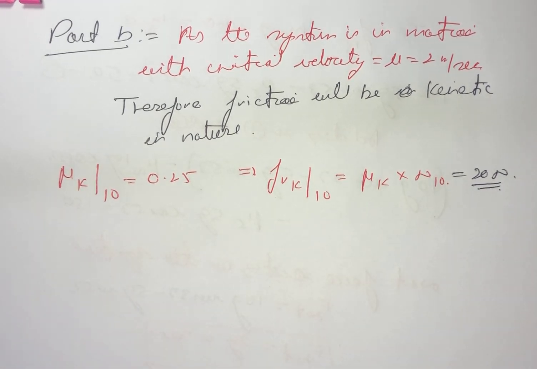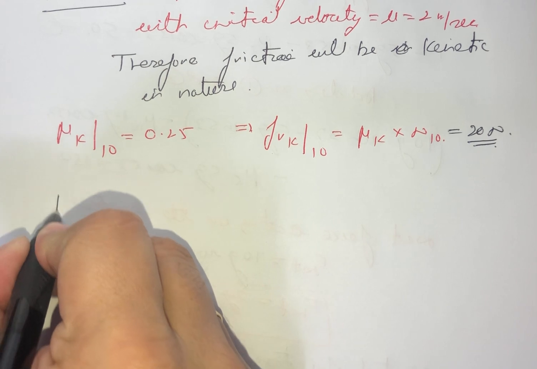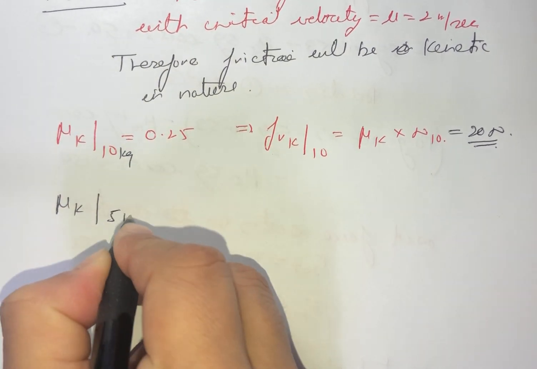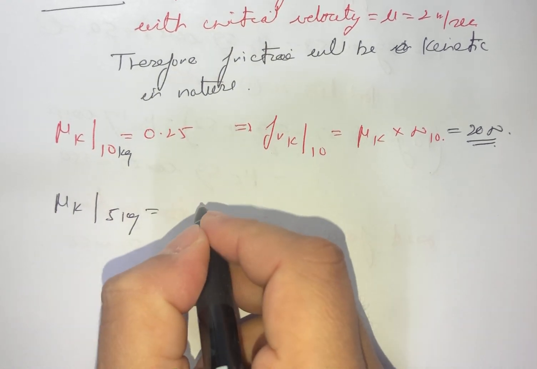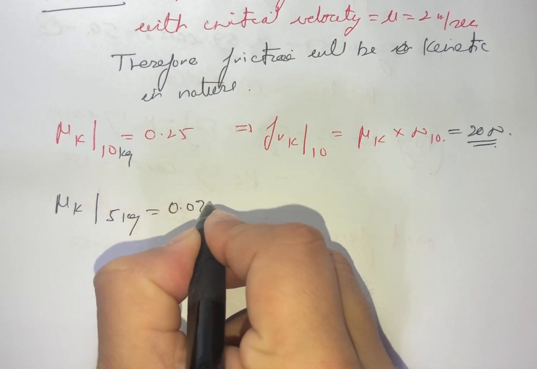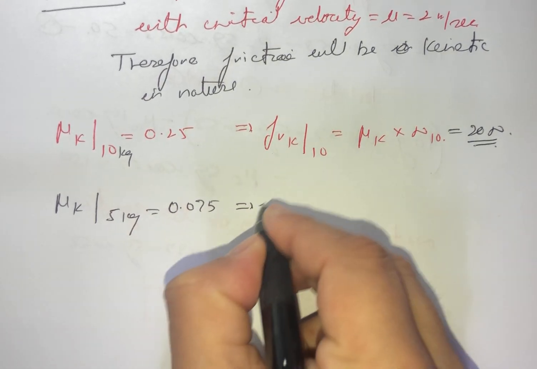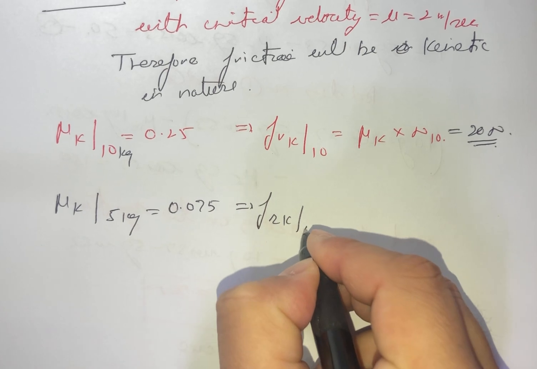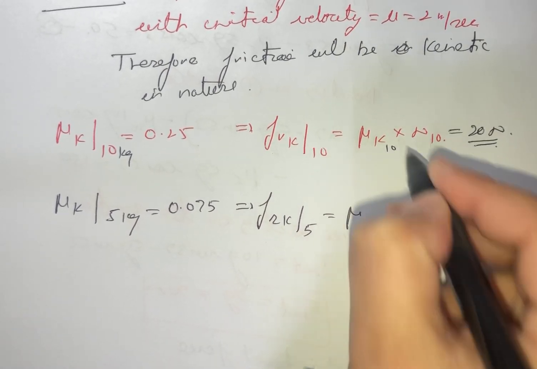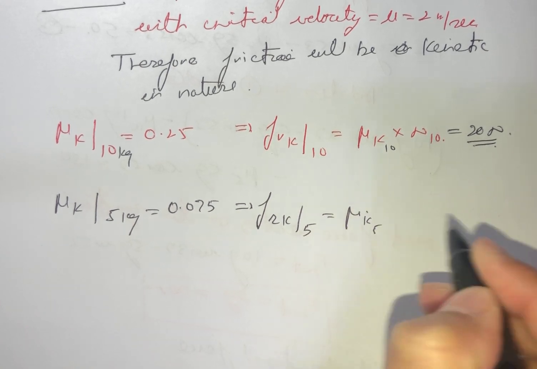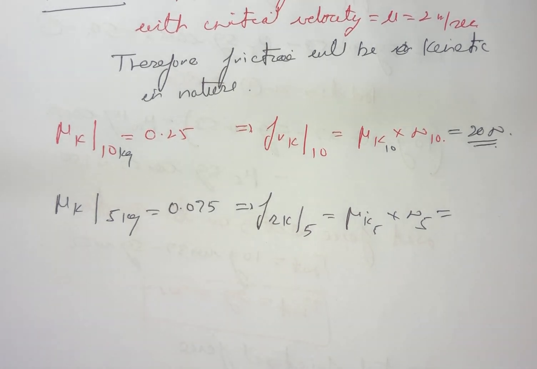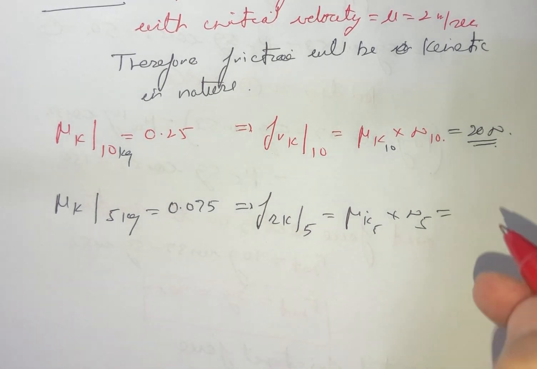Similarly, we can find out mu kinetic for 5 kg, which is given as 0.075. So the frictional kinetic for 5 kg will be mu k for 5 multiplied by n5, and this will be equal to 9/4 newtons.